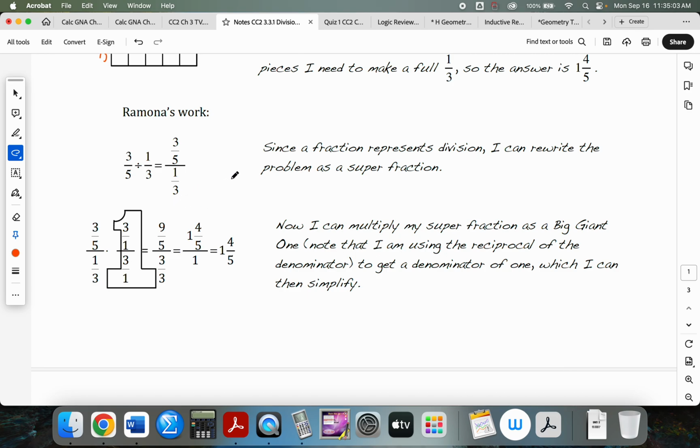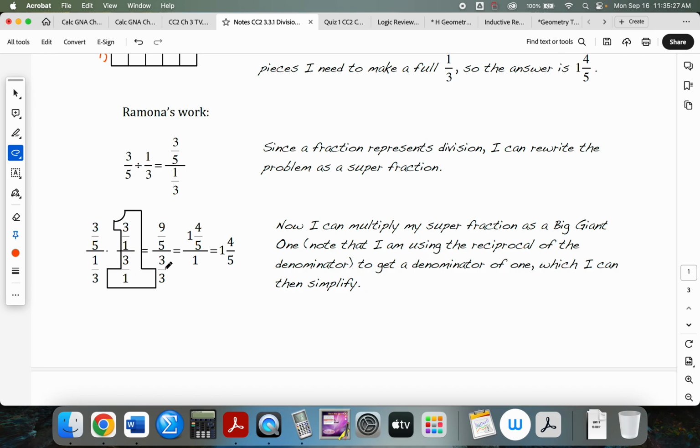So what she did is she said, okay, division is a fraction. If I have a fraction, that means divide. So I've got 3/5 divided by 1/3. And then she's like, I don't want to have a fraction on bottom. So she multiplied by the reciprocal of that, which is 3/1.